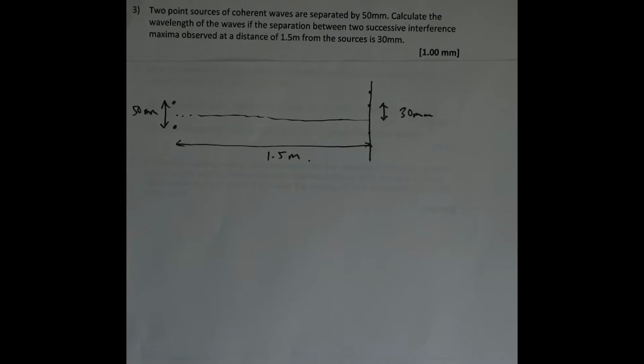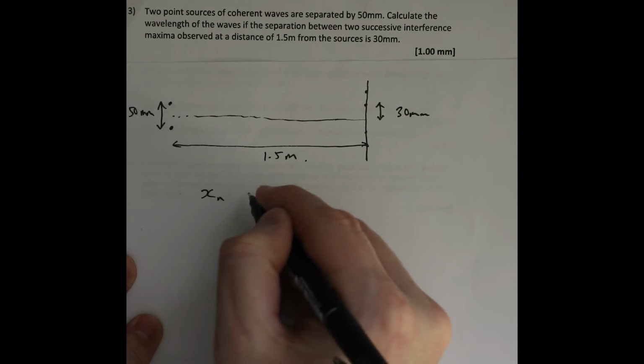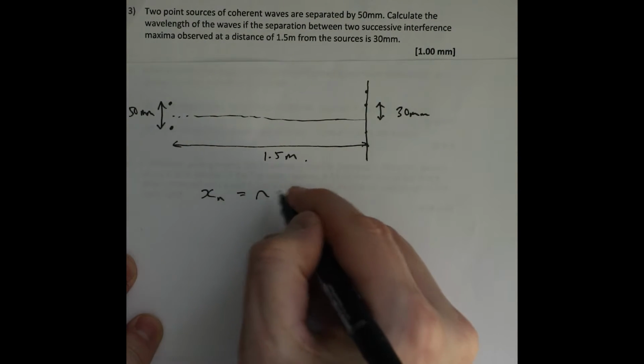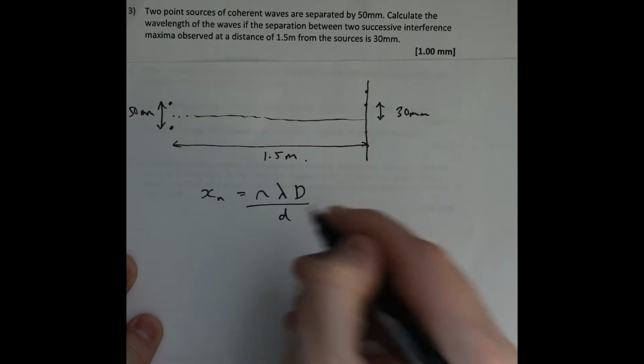so what we need to do is actually calculate the wavelength of the illumination to provide this kind of interference pattern. So this is basically a double slit experiment. So the equation we use for this is x_n equals n lambda D over small d.